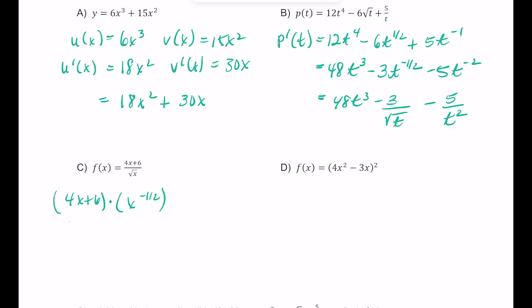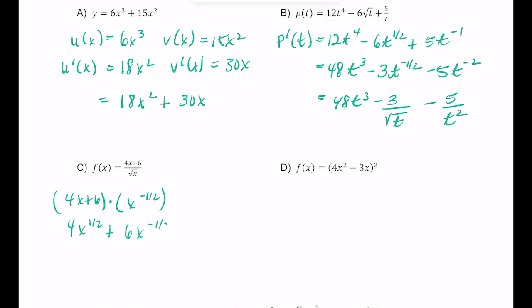So remember, if I want to move it to the top, I need to change the sign of the exponent. So now I'm going to multiply 4x times x to the negative 1/2. When I'm multiplying like bases, you add exponents. So 1 plus a negative 1/2 just gives me positive 1/2. And then plus 6x to the negative 1/2.